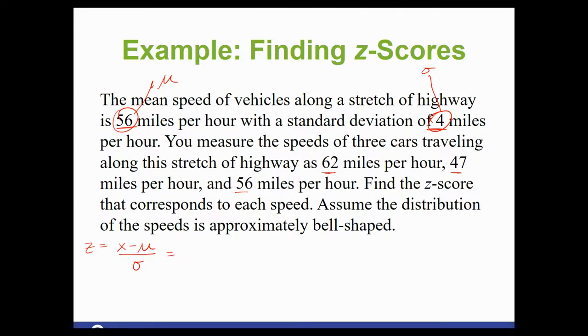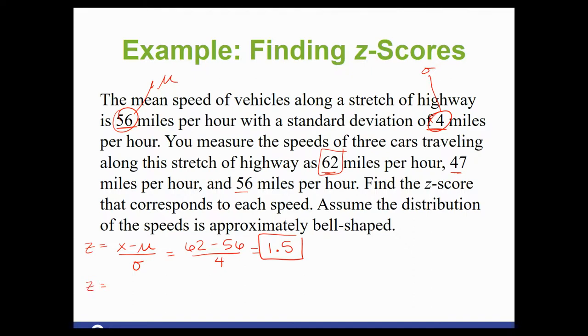We could plug in our first one, 62 miles per hour minus your mean divided by your standard deviation, and we get a 1.5. Because it's positive, it means it's to the right, 1.5 standard deviations from your mean, which makes sense. 62 is a little bit bigger than 56, which is the center of our curve.